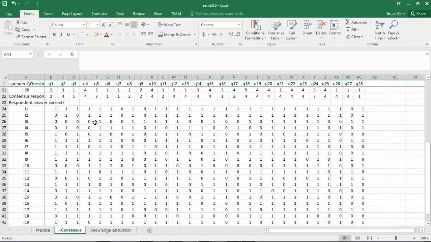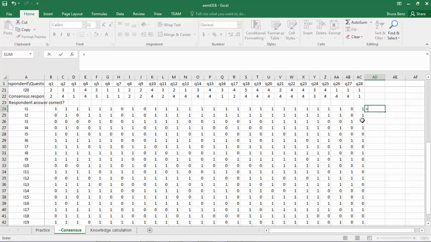The 1s indicate that respondent 1 had the correct answer for question 1. I can sum the number of 1s over all 28 questions and divide that number by 28, and it'll give me a percentage of the questions answered correctly.